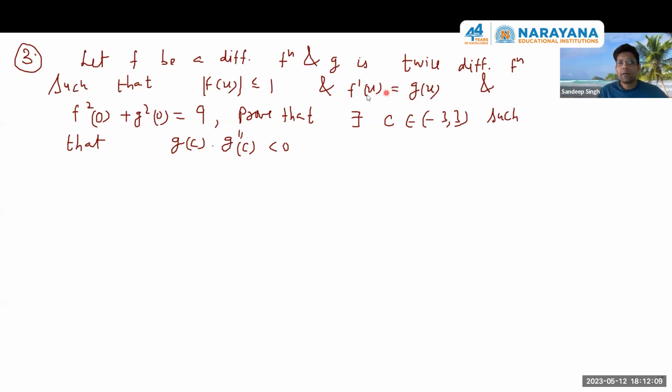So obviously F will automatically be, because G is another name of F dash. Getting the point? They have given this because they just want to confirm that this makes sense, G equal to F dash. So for that they are saying that F dash exists. And G is another name of F dash, nothing else. Basically this problem involves only one variable, F.